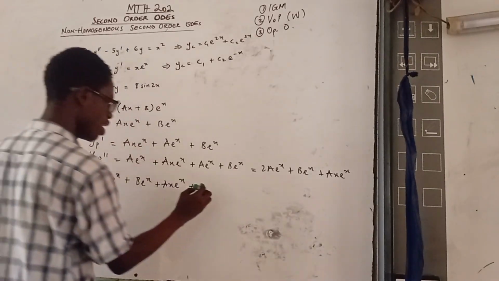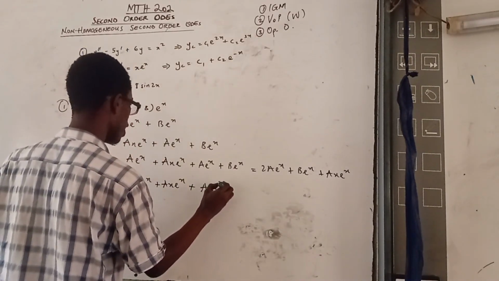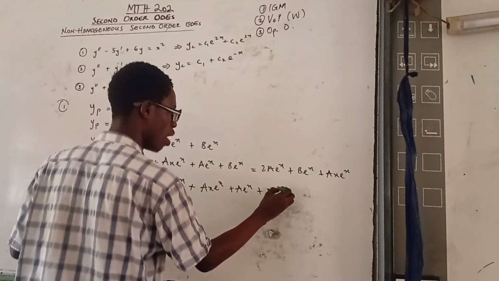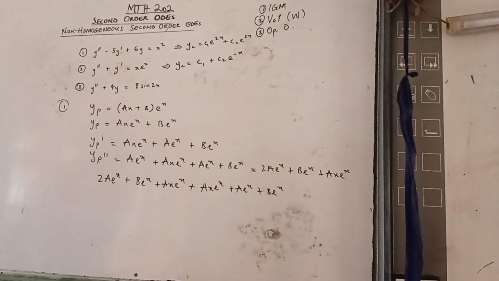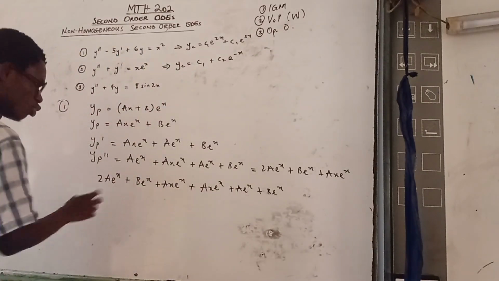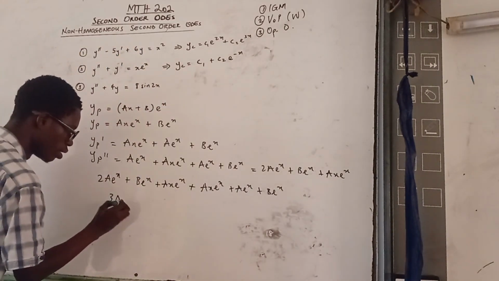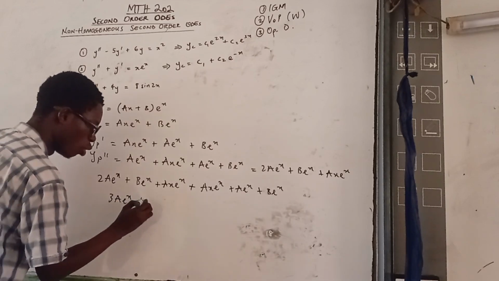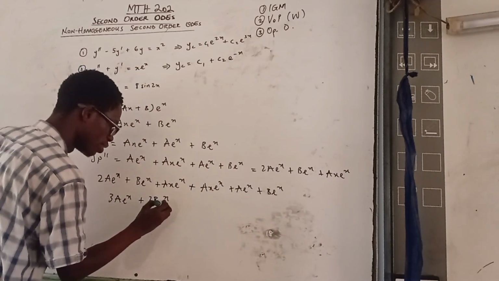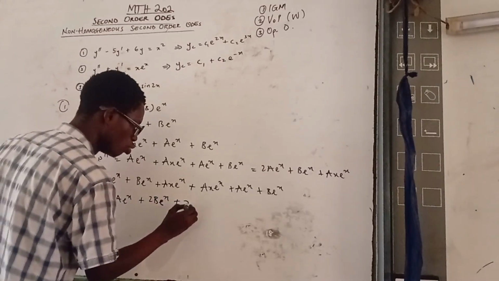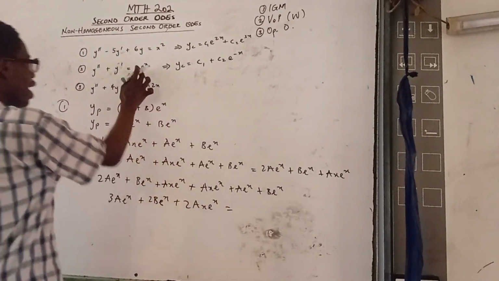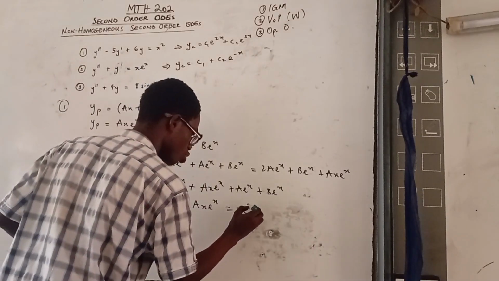Our y prime is ax e raised to power x plus a e raised to power x plus b e raised to power x. Comparing, we have a e raised to power x here and here, so this is 3a e raised to power x plus, for b e raised to power x we have 2, 2b e raised to power x plus 2ax e raised to power x. Everything is equal to x e raised to power x.